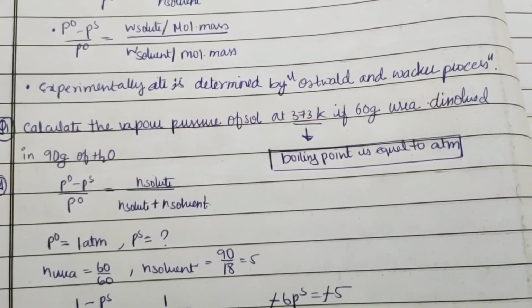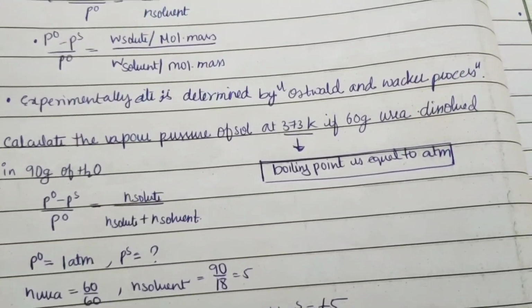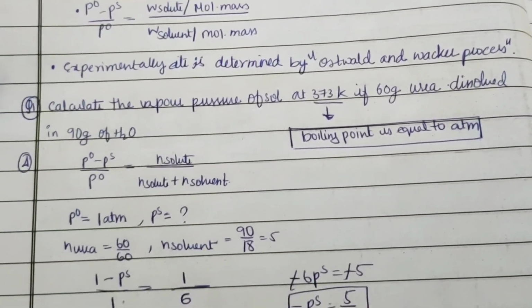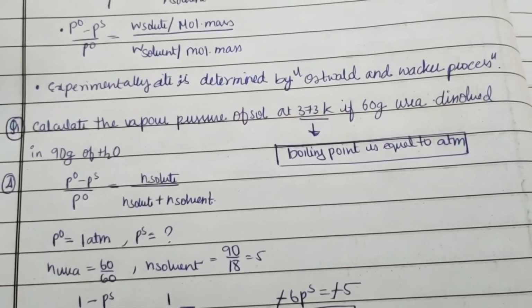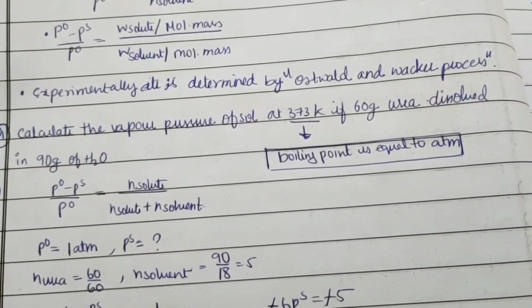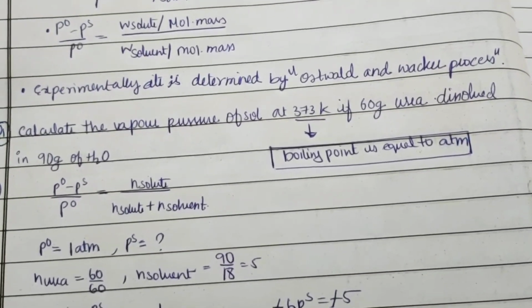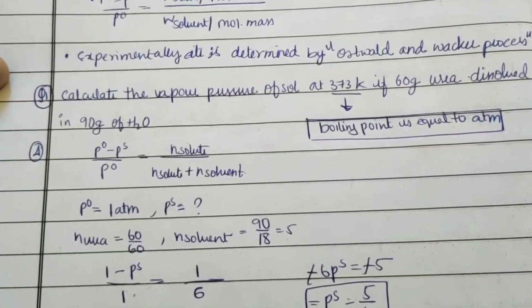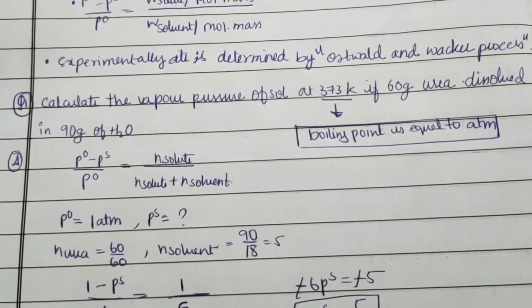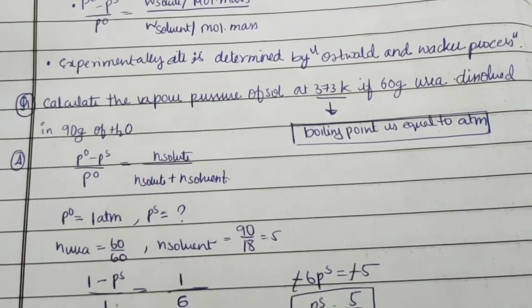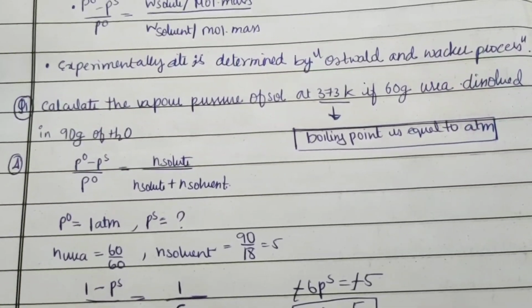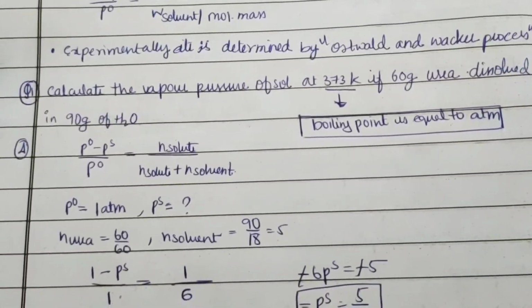Calculate the vapor pressure of solution at 373 Kelvin if 60 grams of urea is dissolved in 90 grams of H2O. Here 373 Kelvin is the boiling point, where vapor pressure is 1 atm. Then P naught minus PS by P naught equal to N solute by N solute plus N solvent.